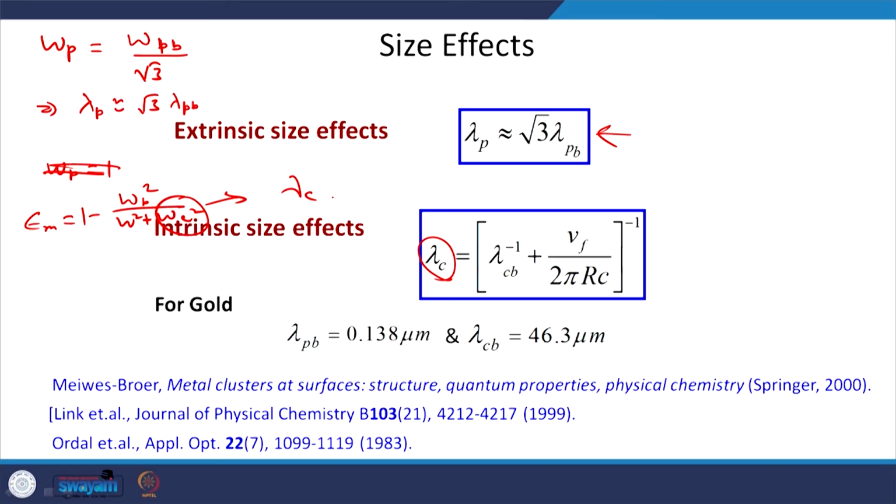Lambda c is dependent on the radius of the nanoparticle. You can read about these things in publications, and the bulk one is like this, and if you apply the size corrections, you can go beyond that for different sizes.